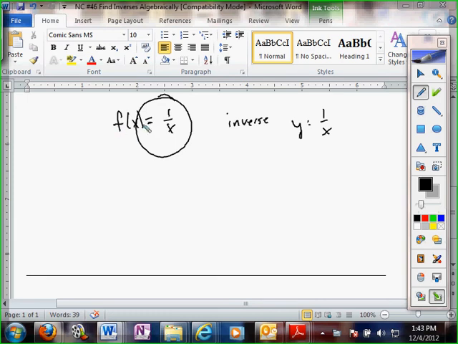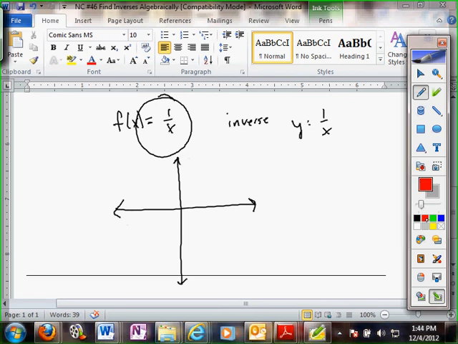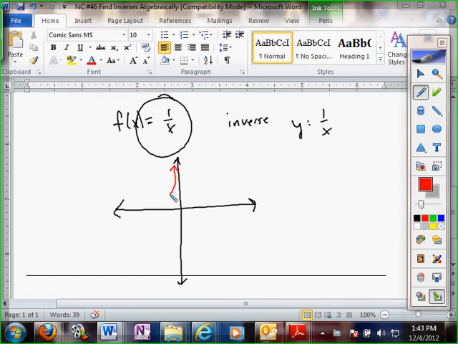So if your graph by nature already has that symmetry, if we look at this graph, you should recall this graph, if we're looking at our xy plane, it looks kind of like this.